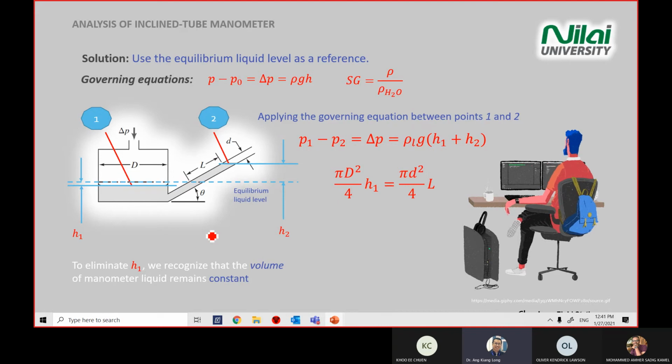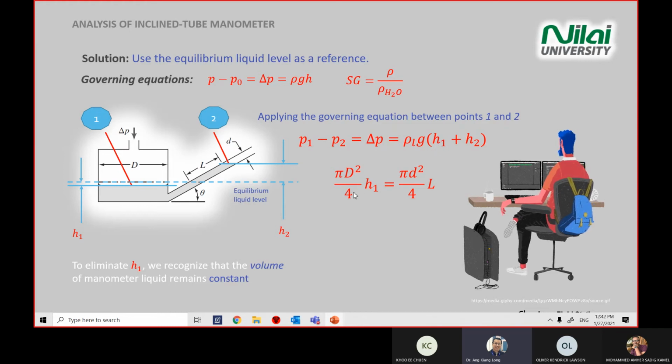To eliminate, the next step is that we're trying to eliminate the H1 term in the equation. So we use the concept of volume to change it, so that when we do the calculation later on, we can eliminate the H1 term there.